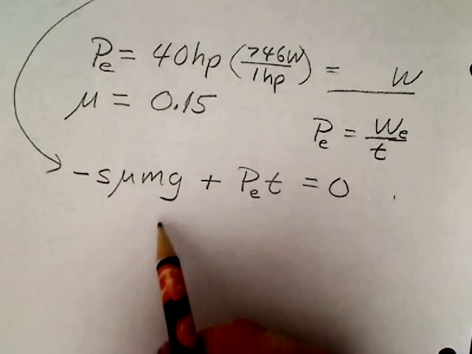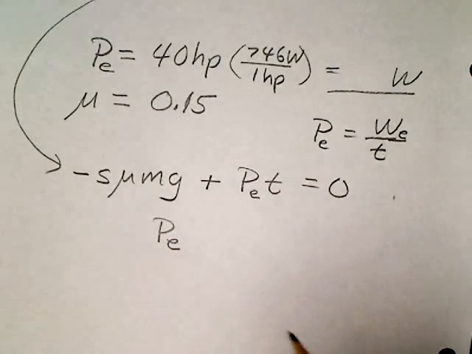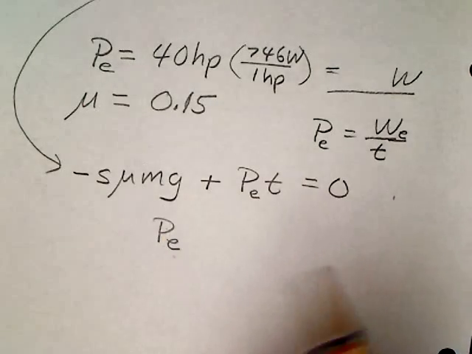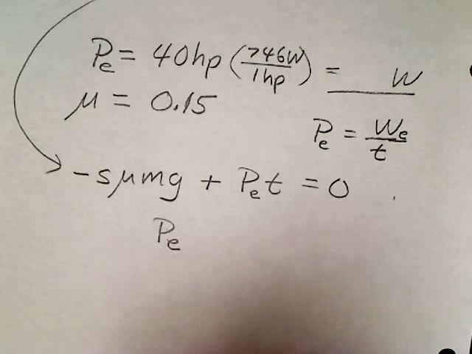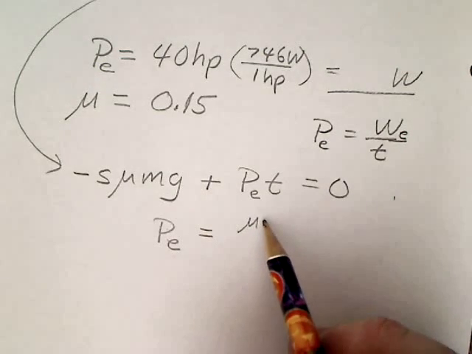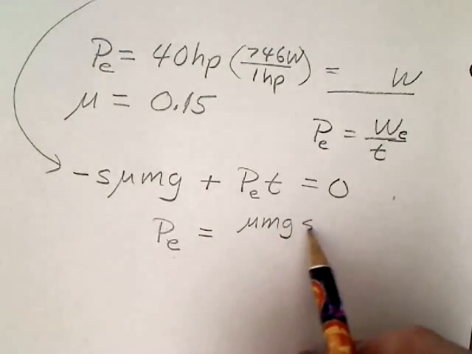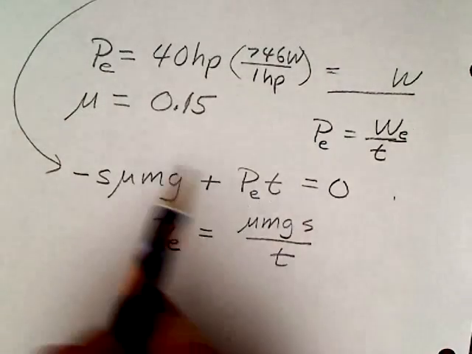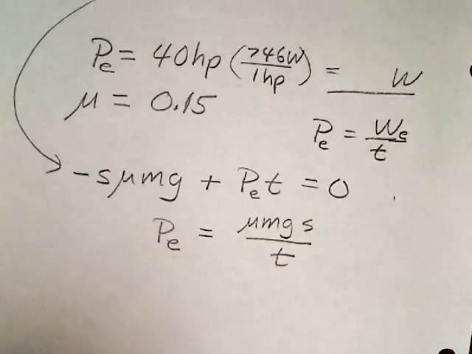Moving this to the other side, you find out that the power from the engine, not to be confused with potential energy, is equal to mu mg s over t. So I've moved this to the other side, and I've also divided by t.